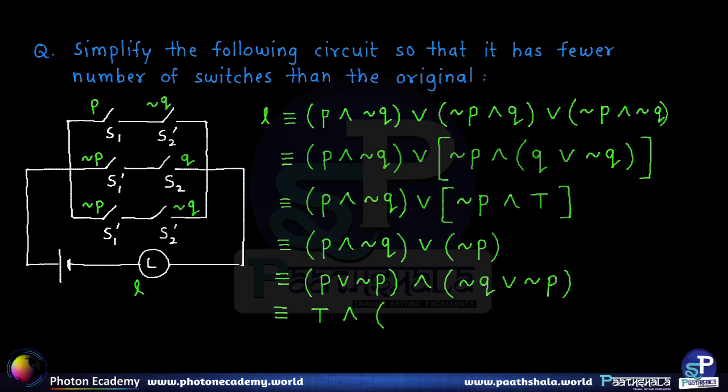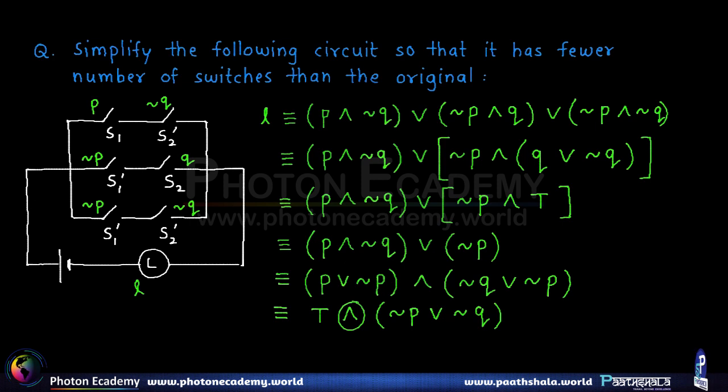And in the second bracket let us make a minor change, that is let us use the commutative law to write it as negation P or negation Q. And lastly in the AND we have one input as true, so therefore the result will follow the other input. So therefore we have finally negation P or negation Q.